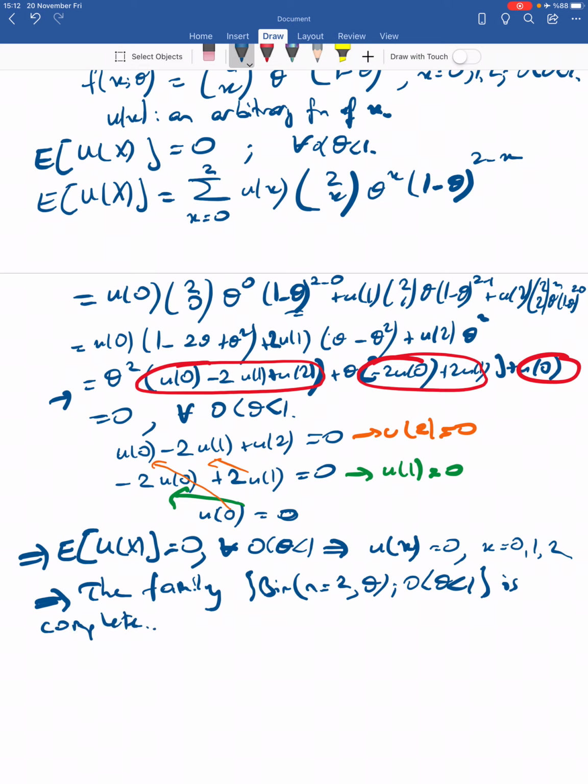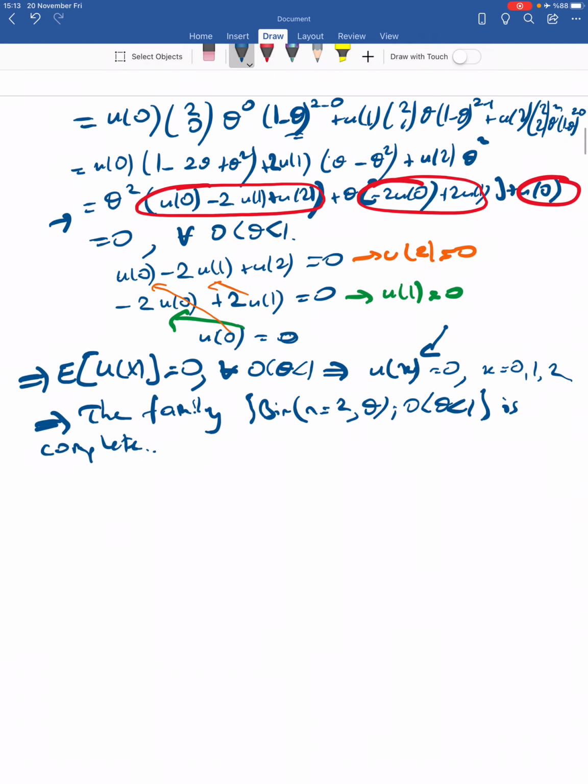So basically our starting point is always this one, and we have to end up with this one, and if this is satisfied, then we have a complete family. Let's see one example which shows that a family of PDFs is not complete.